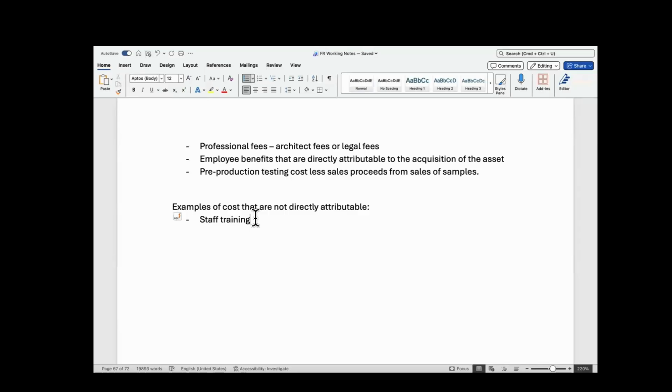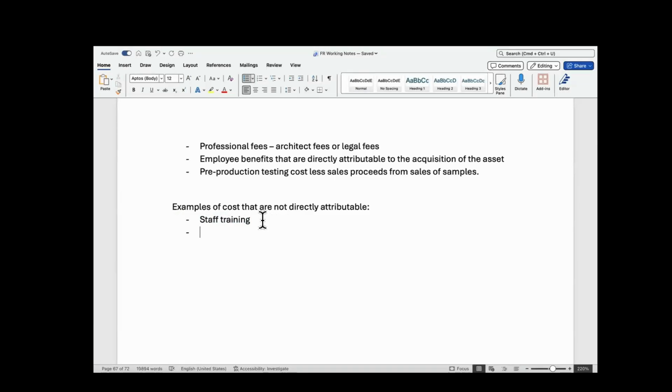The asset is ready. So if you now have to incur cost of training people to use it, that does not deny the asset of its readiness. It's just your staff that didn't know how to use it. It's ready. So staff training is not a directly attributable cost.